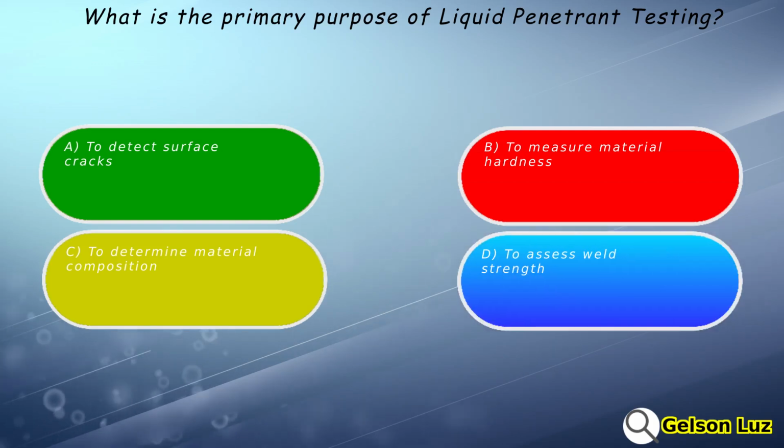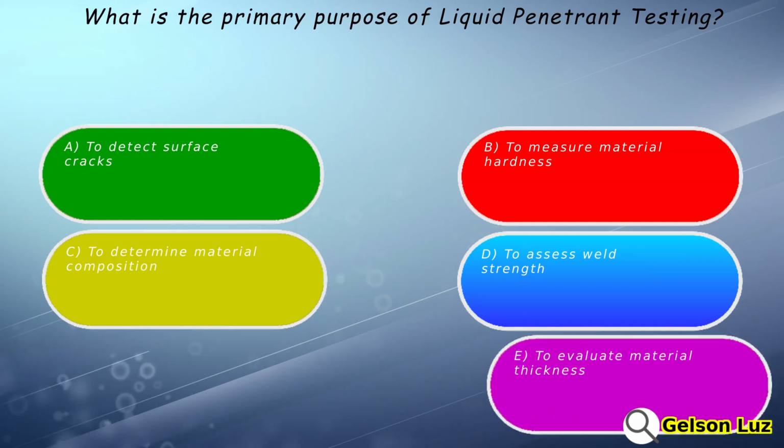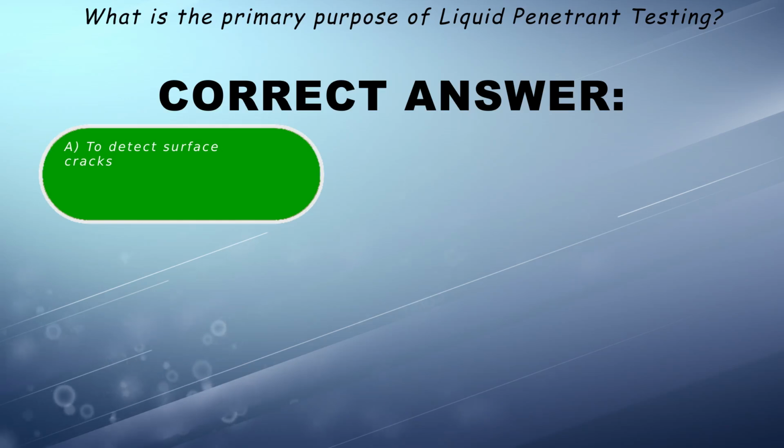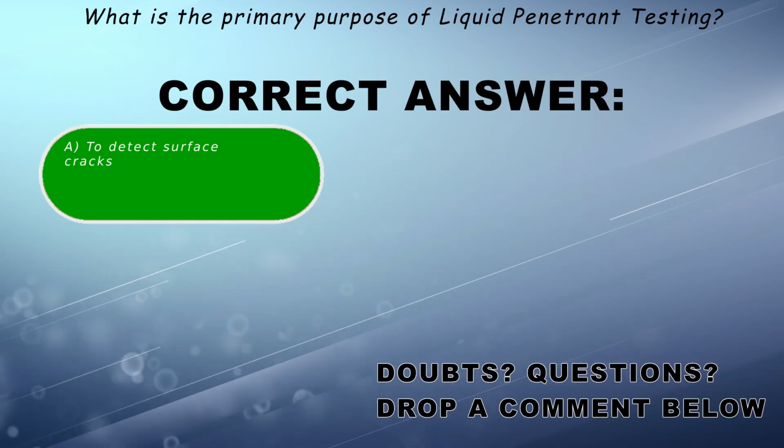D. To assess weld strength. E. To evaluate material thickness. The correct answer is A. To detect surface cracks.